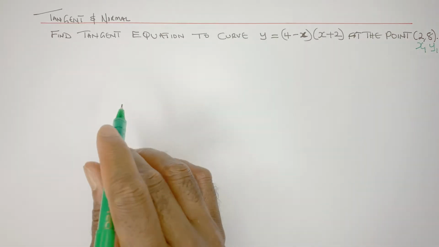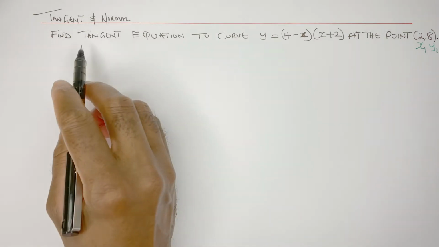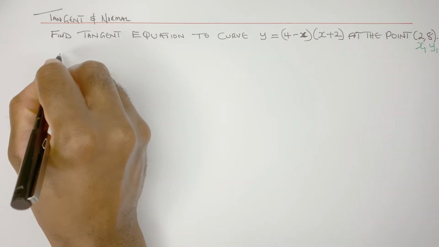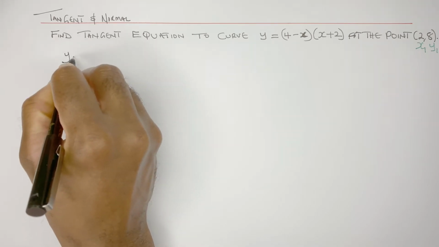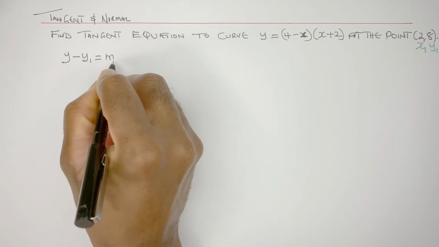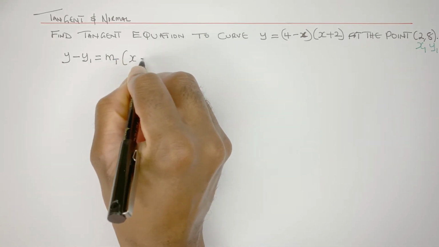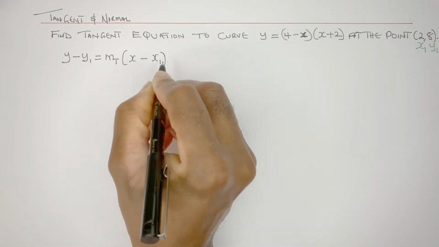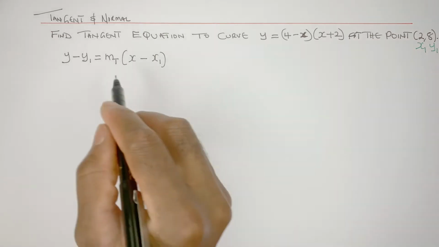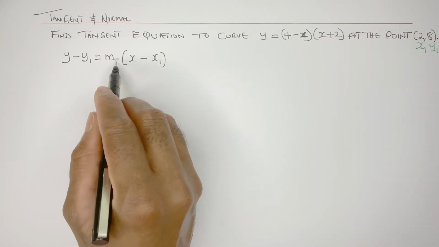To find the equation, if you know the gradient and you want to find the equation of that line at a point, it's always best to use y minus y1 equals m of the tangent times x minus x1. You can see this is your x1 and that's your y1. So now we need the gradient, the tangent gradient mt.